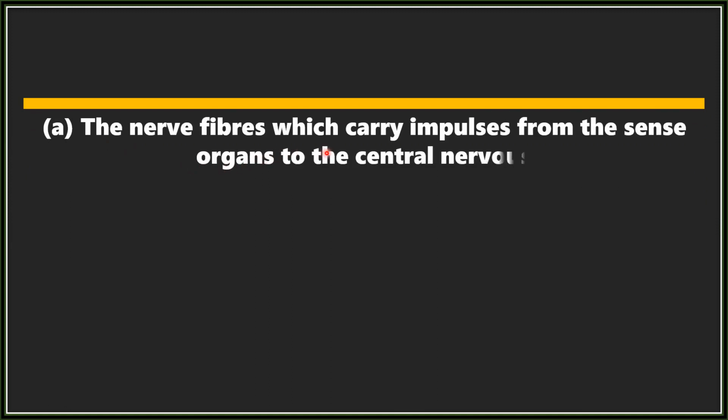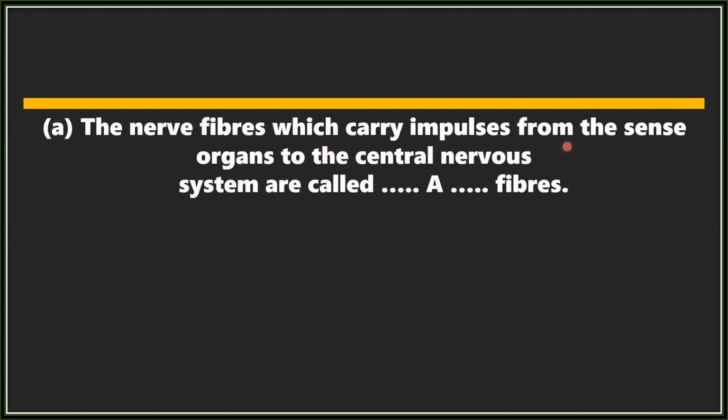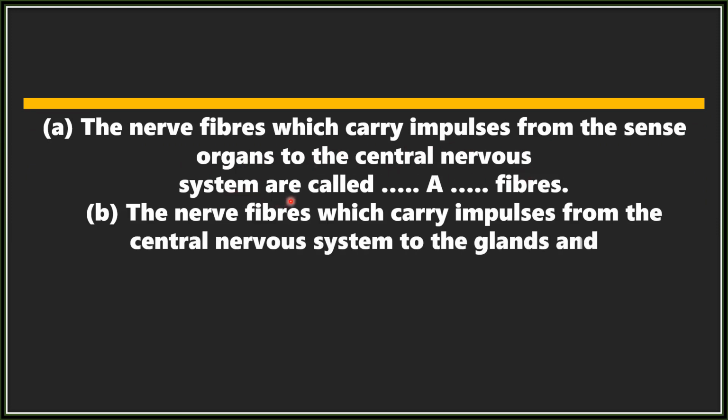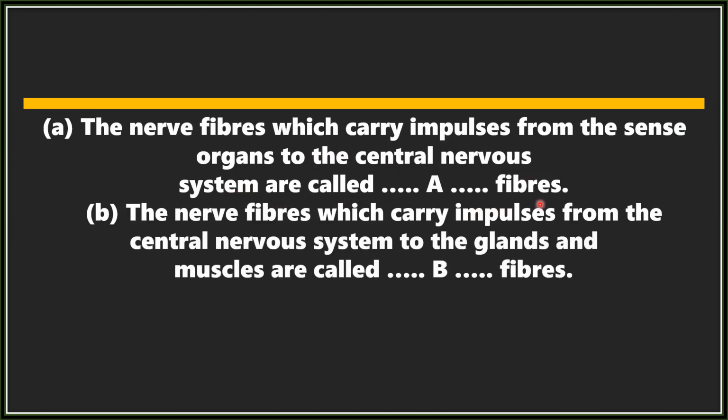A. The nerve fibers which carry impulses from the sense organs to the central nervous system are called dash fibers. B. The nerve fibers which carry impulses from the central nervous system to the glands and muscles are called dash fibers.